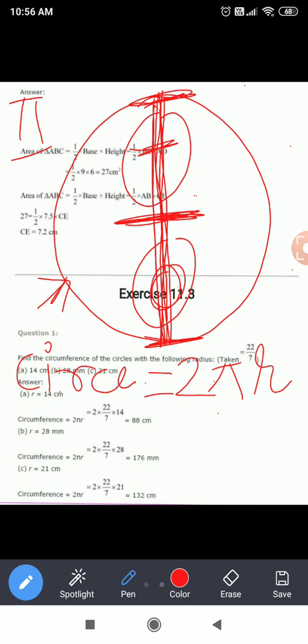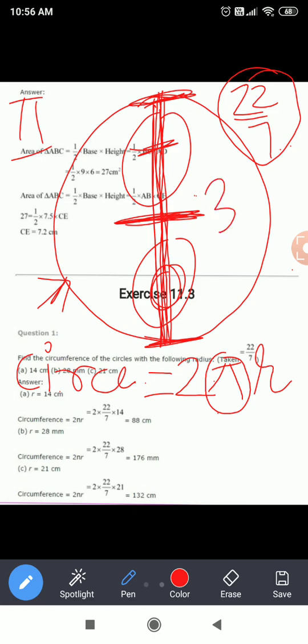In science you have many constants, like gravitational force and acceleration due to gravity. Like that we have pi as a constant. Its value always remains the same, that is 22 by 7. In fraction it is like this, and if we convert it into decimal form, it will be 3.14. So we can put either of the two.